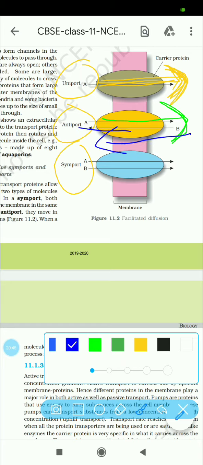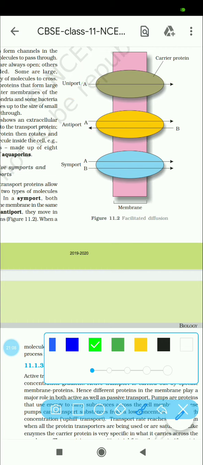And if it allows transport of two molecules in the same direction, we call it symport. So the first one is uniport, second is antiport, and third one is symport.